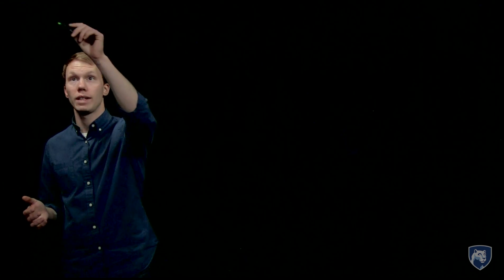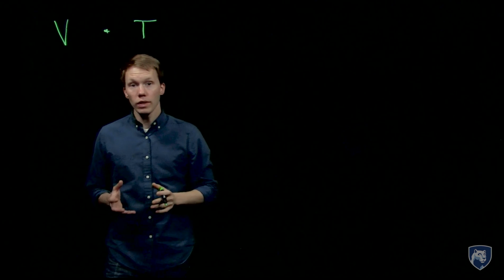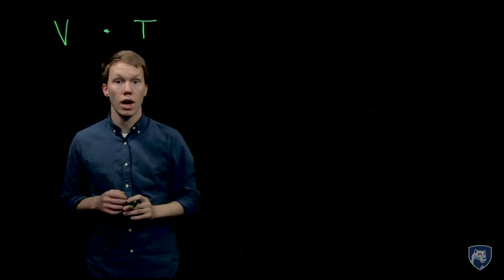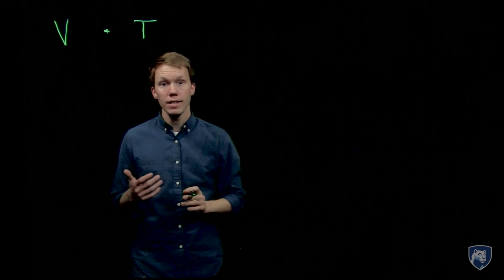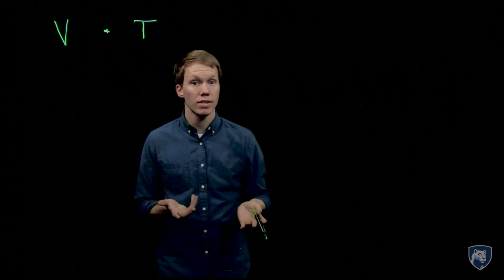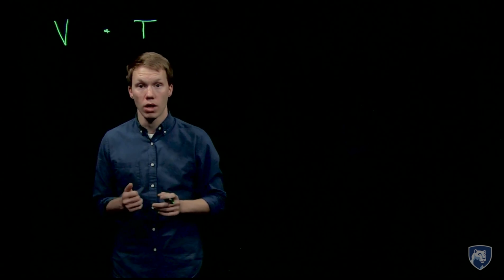Charles' law describes the relationship of volume and temperature. And this relationship can be observed on, say, a cold day. Let's say you take a balloon from your house and you take it outside. That balloon will get smaller.